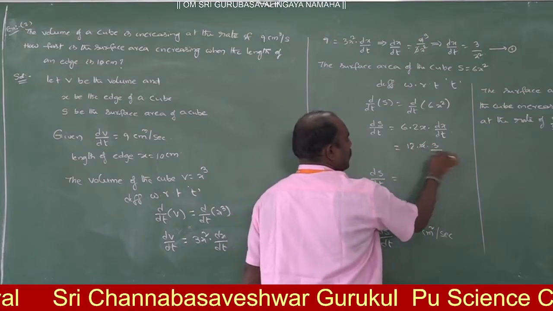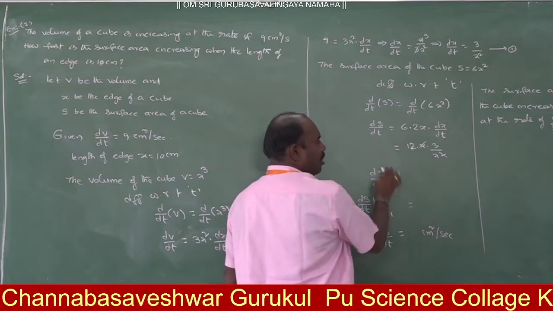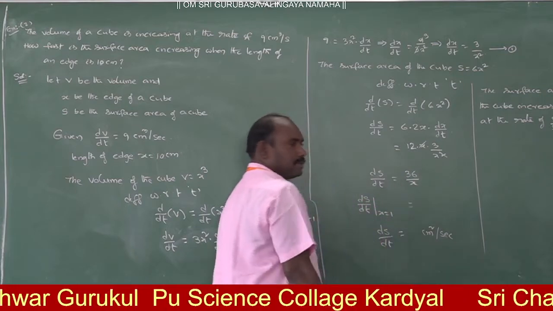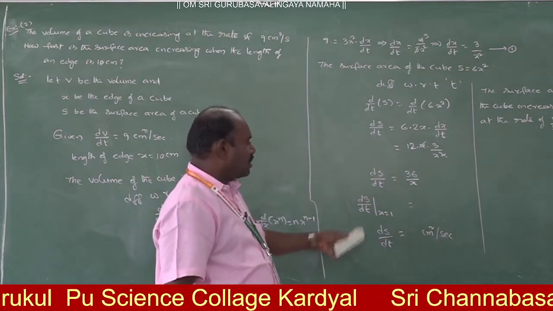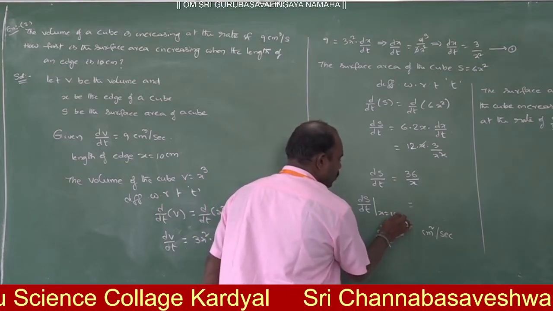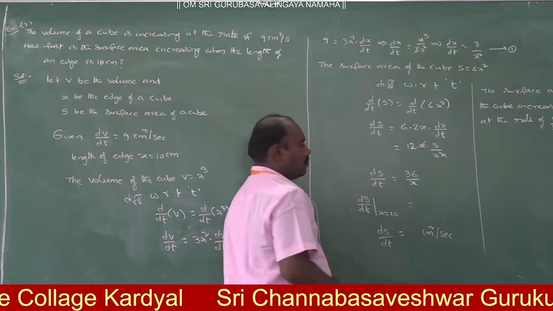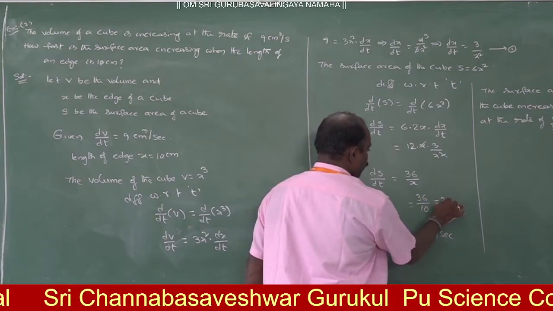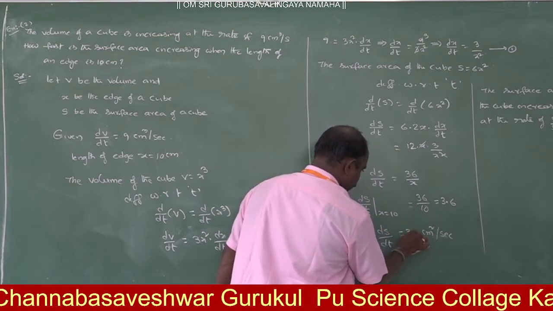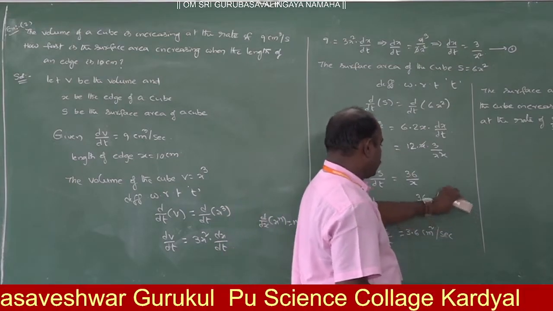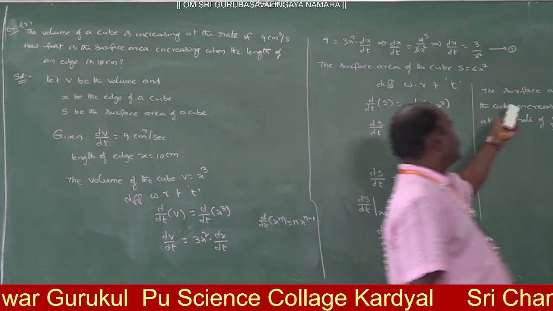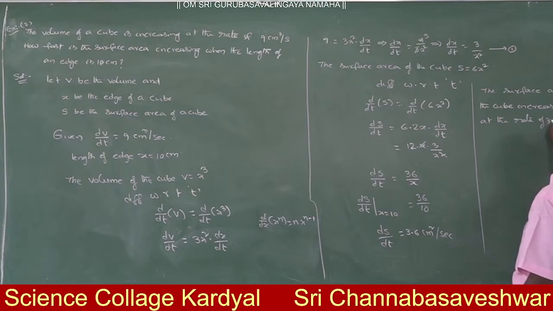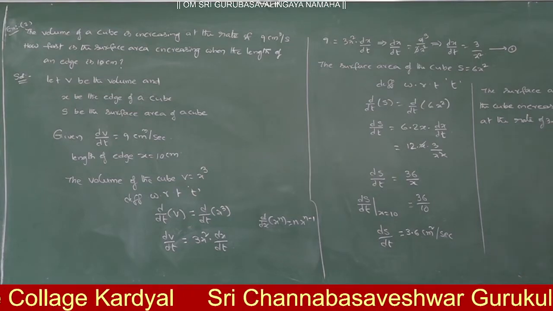One x is also cancelled. So the value of dS by dt equals 12 threes are 36 by x. Here an edge equals 10, so dS by dt at x equals 10 is 36 by 10, that value equals 3.6. Therefore, the surface area of the cube is increasing at the rate of 3.6 centimeter square per second.